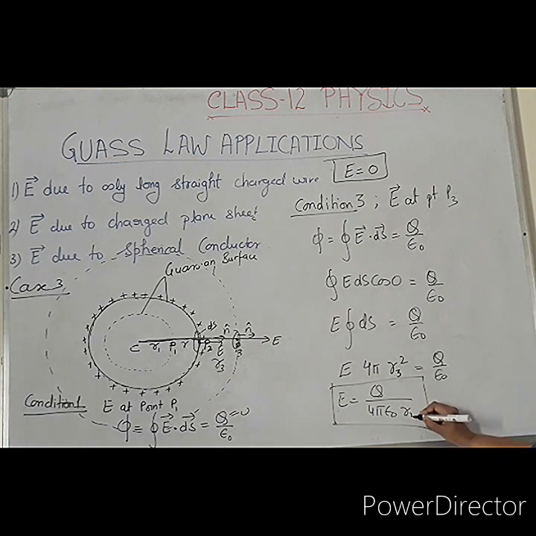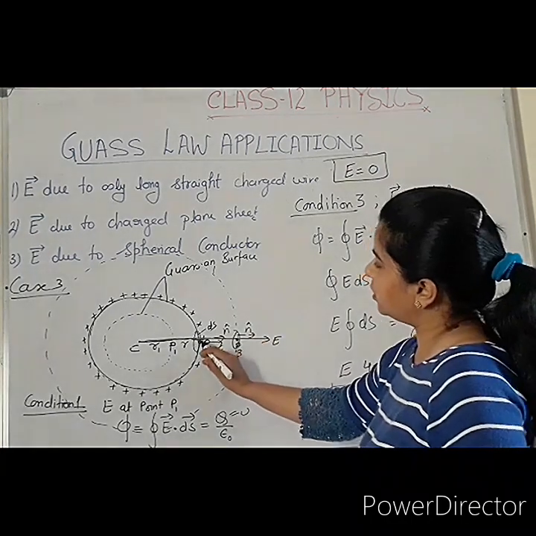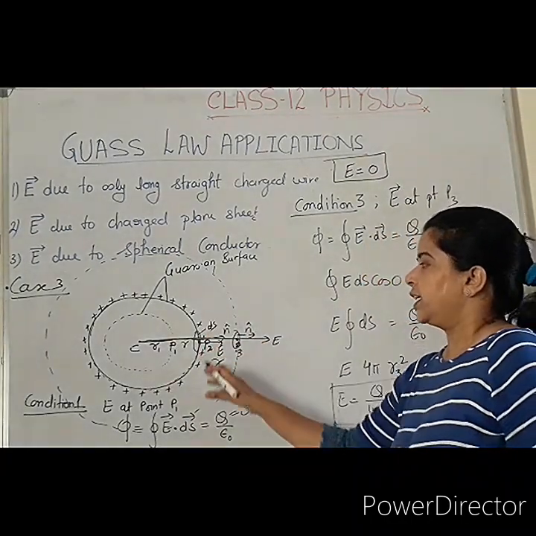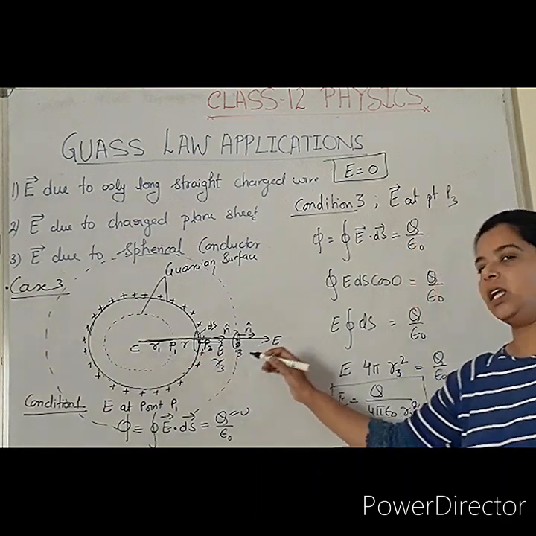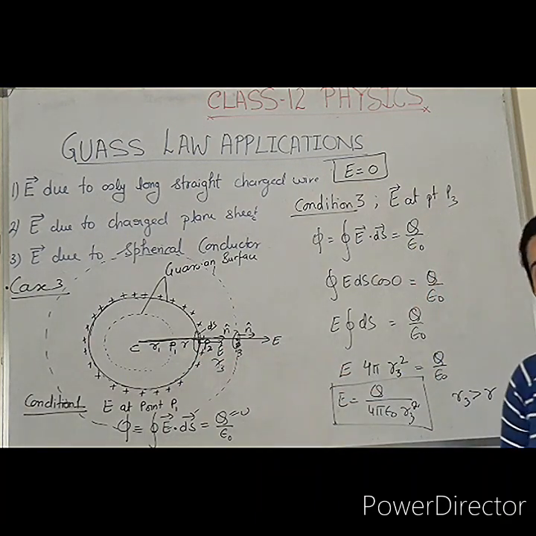In the last formula, E is equal to q over 4 pi epsilon naught R3 square, where R3 is greater than R. R3 is the condition where the point is situated outside the spherical charged conductor. So the formula is the same, but because the distance is larger, the electric field will be comparatively lesser. So the electric field at the surface of this spherical charged conductor is more as compared to the electric field at a point outside the charged conductor.